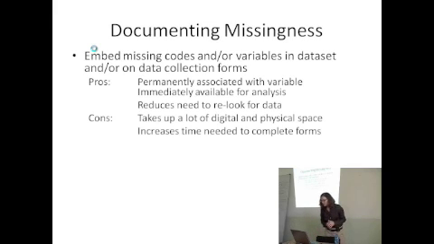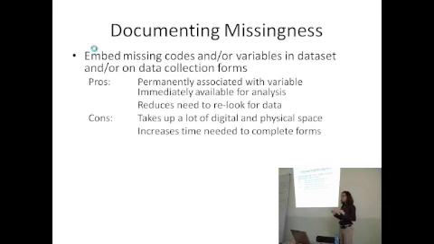So how do we document missingness, missing data? What are the different ways? One way is to embed the missing codes and or the missing variables in the data set or in the data collection forms. I talked about this a little bit.